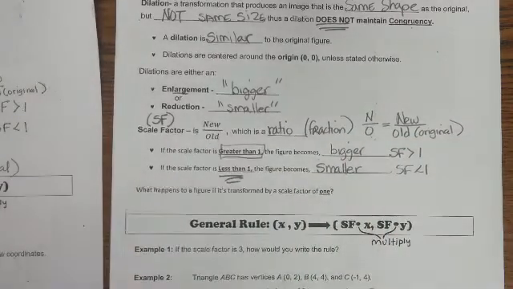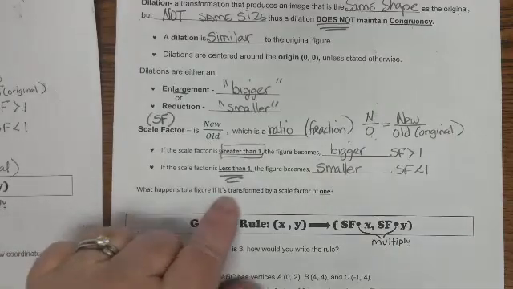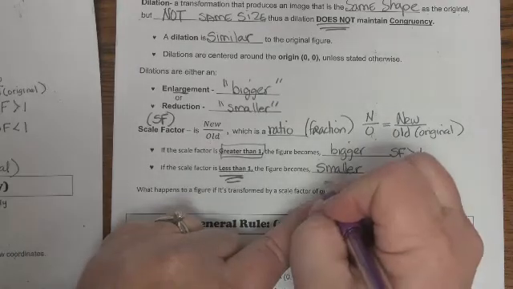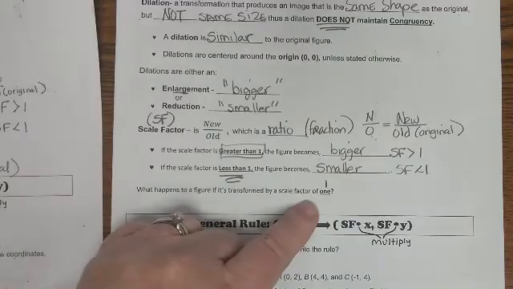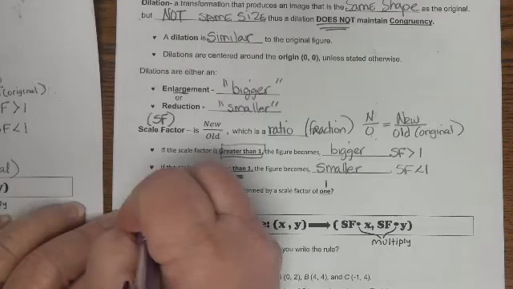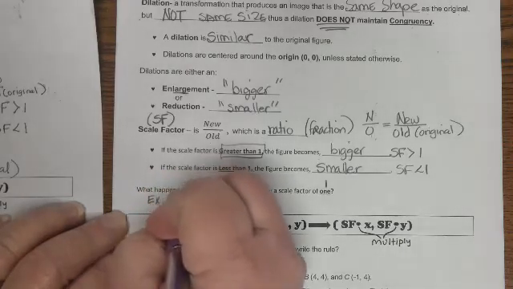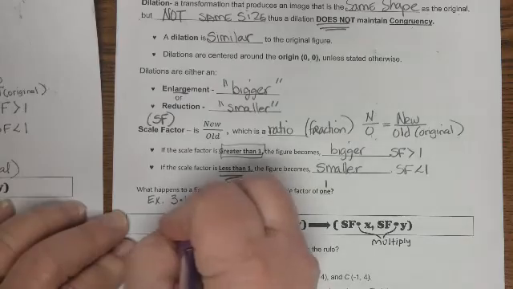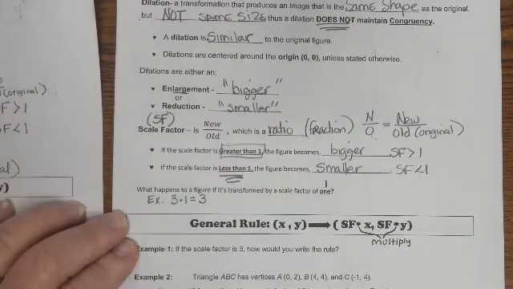So what happens to a figure if it's transformed by a scale factor of 1? Well, think about it. Whatever you have, an example. What if you have the number 3? What happens when you multiply it times 1? Yes, it stays the same.